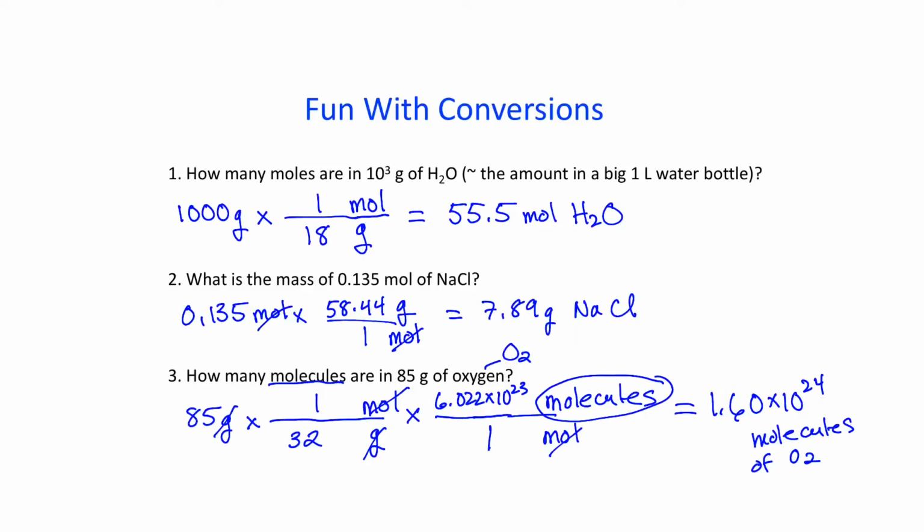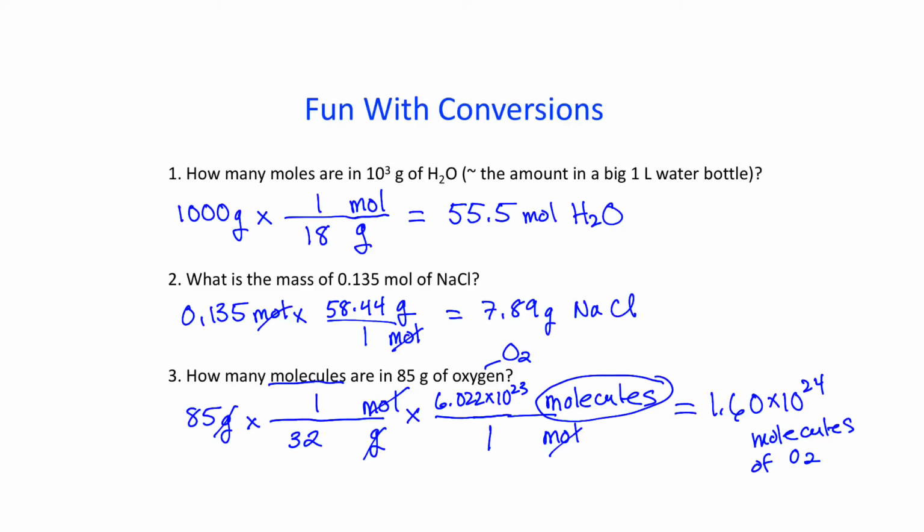So when you ask yourself, does it make sense that I have fractions of molecules in a mass of oxygen that I could actually feel the weight of if I held it? That answer hopefully would be no, that does not make sense. Asking yourself that question at the end helps you catch some simple mistakes in your calculation. So don't skip that part.